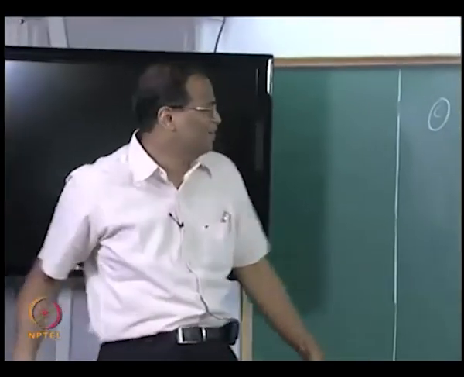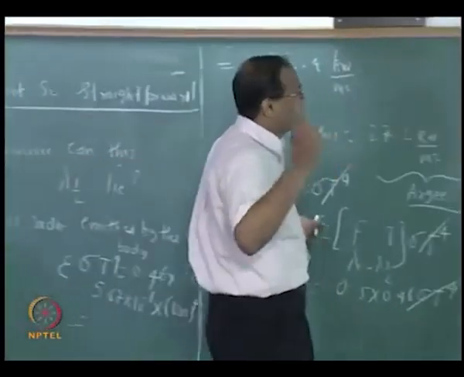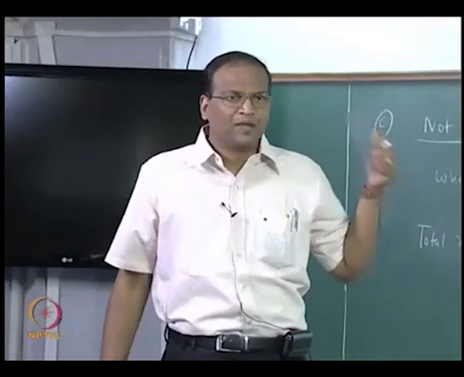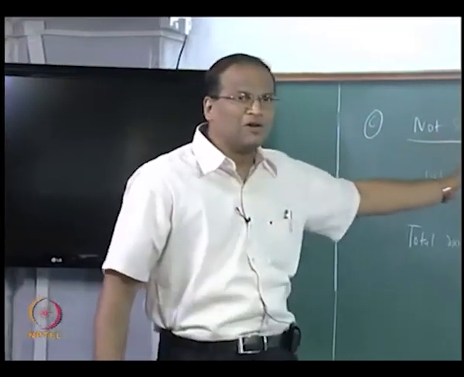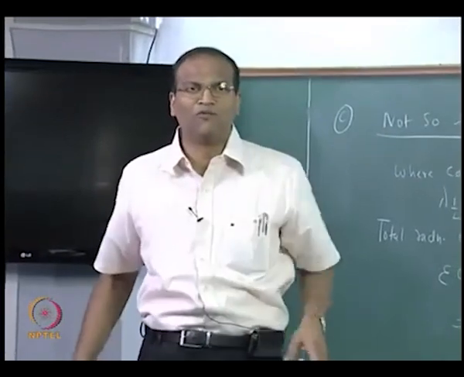Okay. Now I am assuming that I expect this to lie between 2 and 4. How can I make such an assumption? Are you getting the point? I am saying that the buck stops with epsilon 2. That means I am expecting that 50% interval to be between 2 and 4.